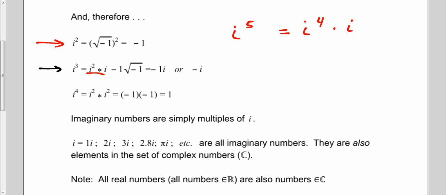And we've already found out that i to the fourth is 1, times i, which equals i. So we could go through this over and over again. If I said i to the 16th power, you would know, well, i to the 4th is 1, i to the 8th is 1, i to the 12th is 1, i to the 16th is 1, right? We could do that over and over again. It just goes in a circle of 4, okay?